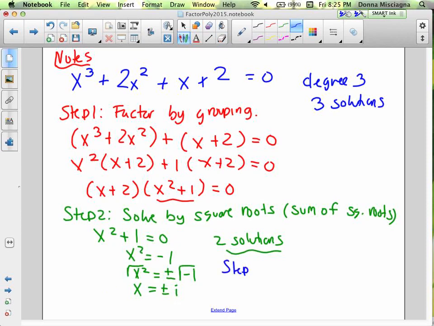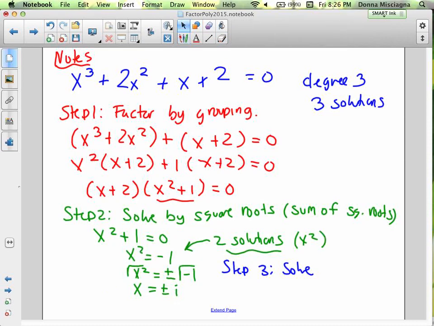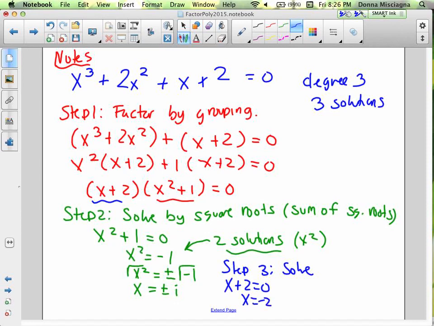The 2 solutions, by the way, refers to the x squared part. Our 3 solutions are, don't forget him, x plus 2 equals 0, so x equals negative 2, and then we have 2 more: x equals i, and x equals negative i.